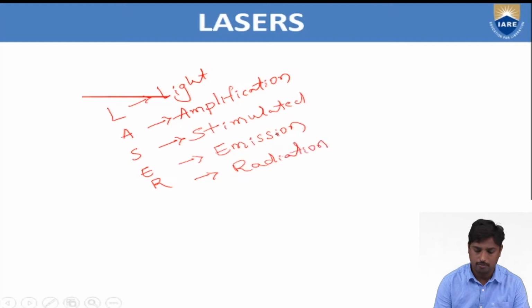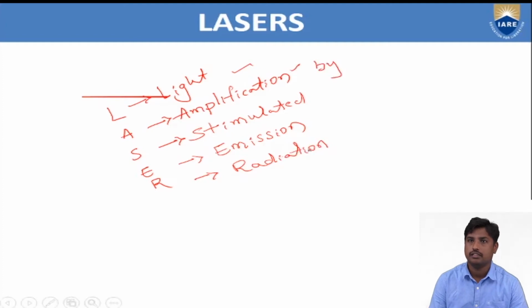So, light amplification by stimulated emission of radiation. Amplified light we call laser light. So what is the process to amplify the light? Stimulated emission of radiation is the process to get the laser light.